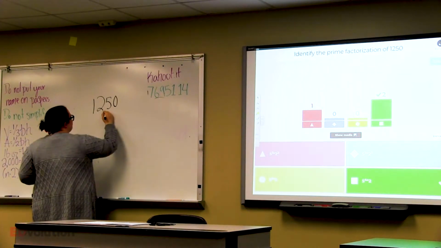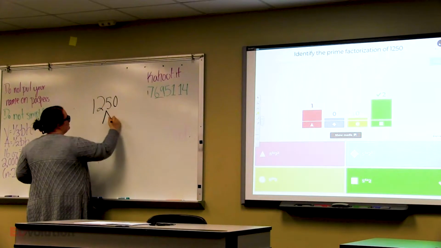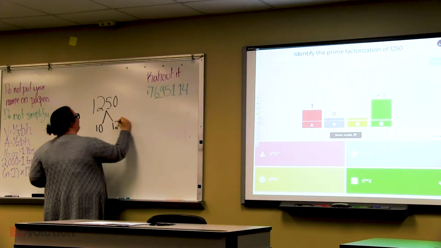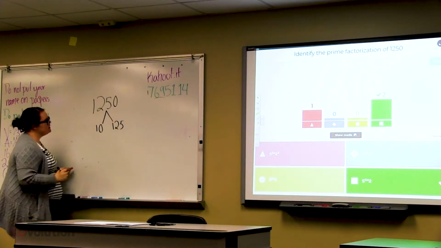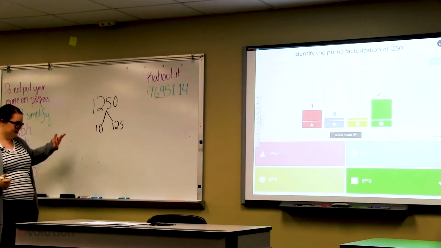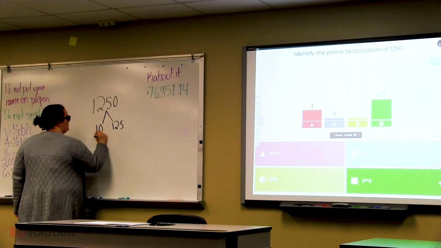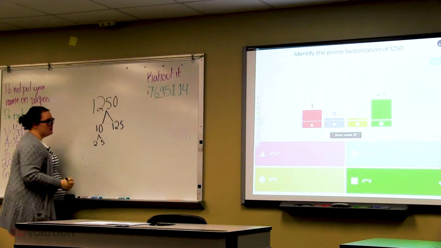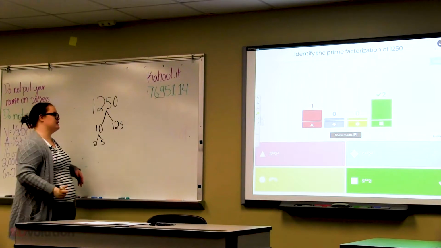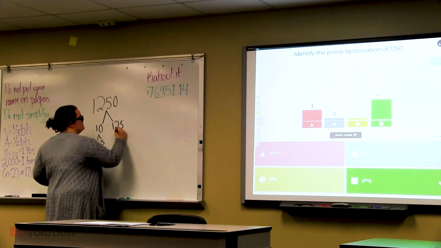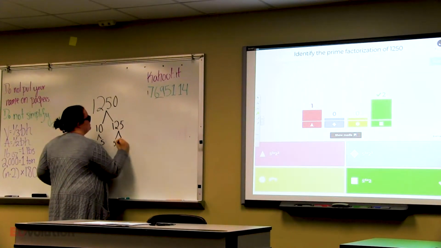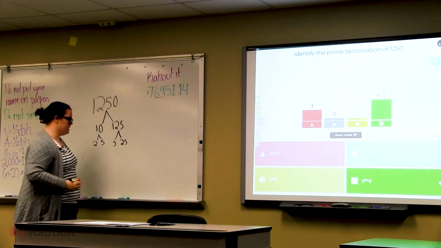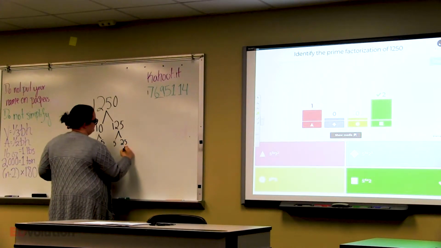So I like to start out easy. You have 10 times 125. Okay, can our 10 break down farther? Yes, it can. You have 2 times 5. And our 125 also breaks down into 5 times 25. And our 25 breaks down into 5 times 5.